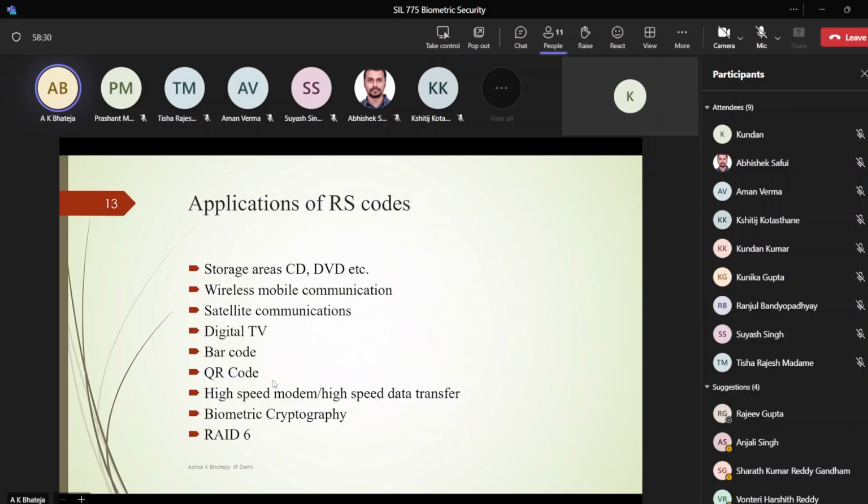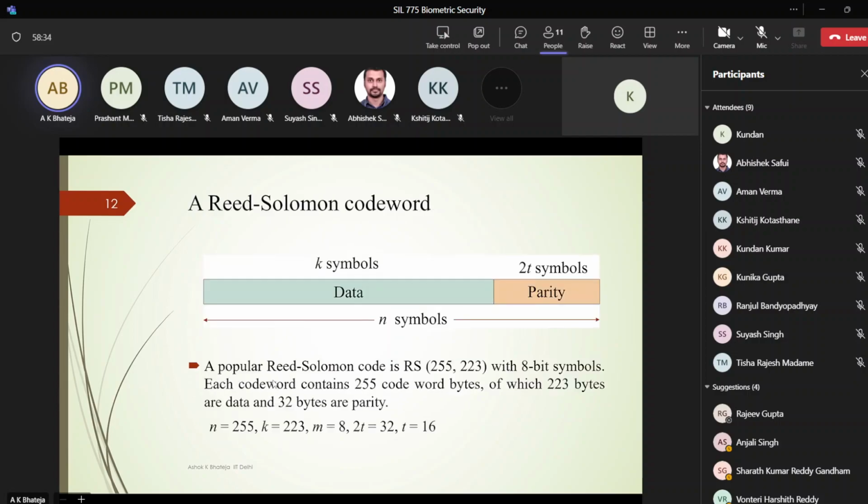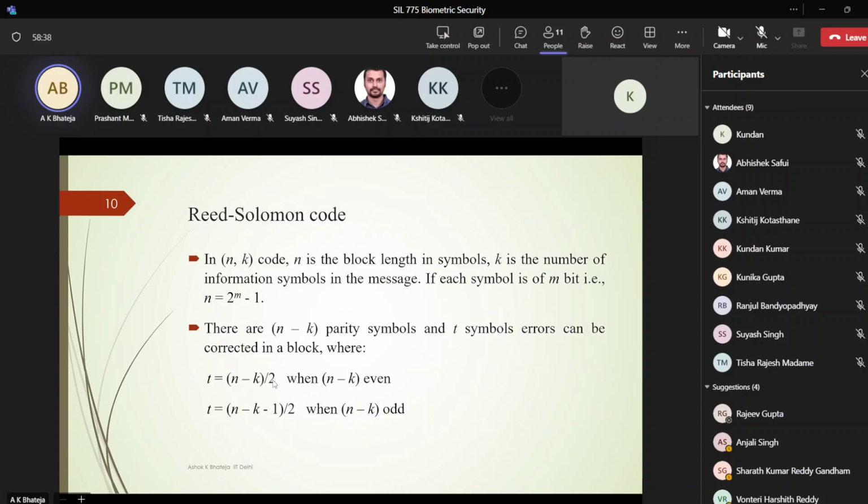Let me quickly refresh what Reed-Solomon code is, and then we will come to the decoding part. Reed-Solomon code is basically an (n, k) coding scheme. Block length is n symbols, and k symbols are information symbols, and the remaining n minus k symbols are the redundant symbols.